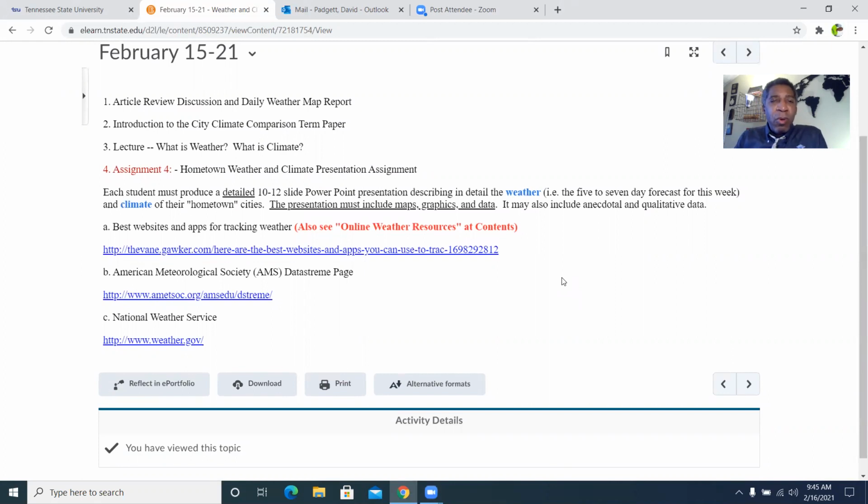Then we're going to briefly explore your term paper, and I want us to get started on that. Then I'm going to lecture over the difference between weather and climate, and then you'll get your 4th assignment.